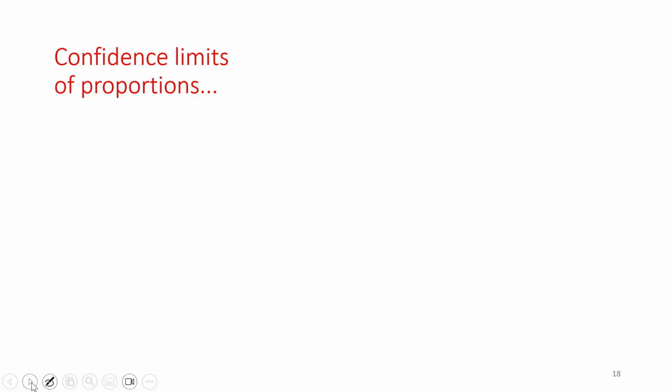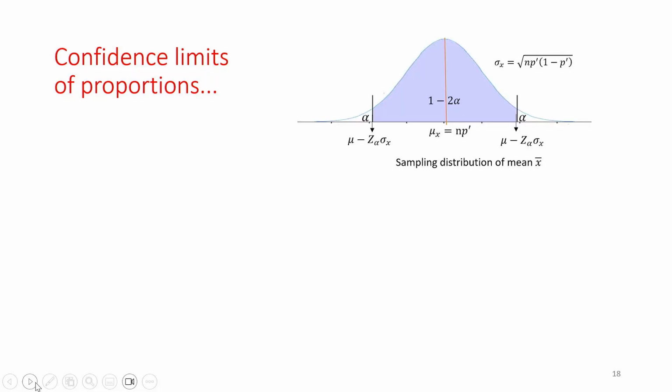And therefore here also we can only think of limits within which the population proportion is going to lie, and we can find these limits with a certain level of confidence, and hence we say they are confidence limits of proportion. Now you can see the diagram is given here.